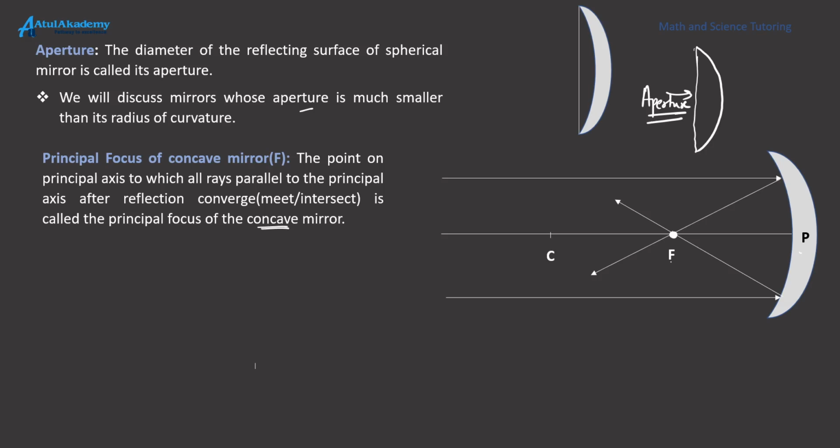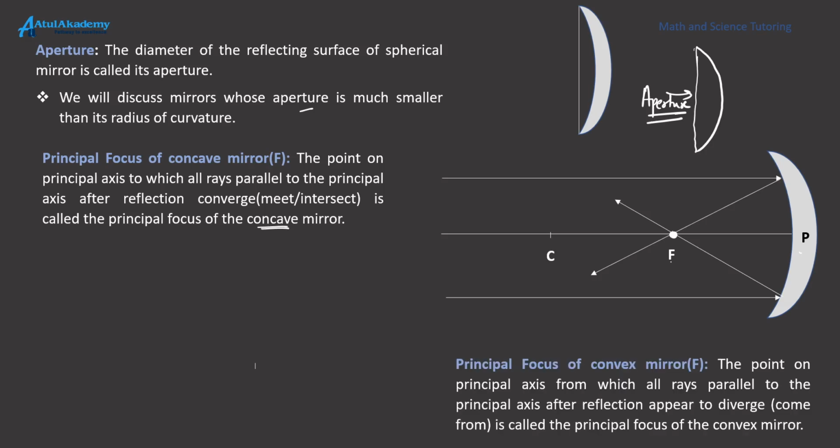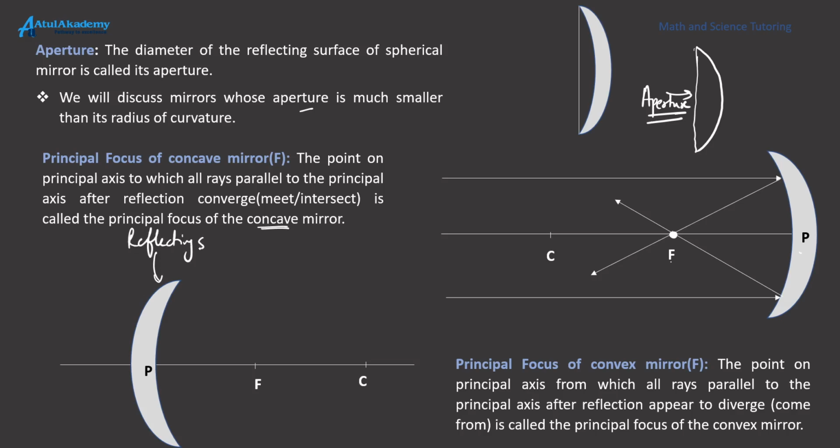Let's talk about the principal focus of the convex mirror. Let's take the mirror also. In case of a convex mirror, this is the reflecting surface. The rays are coming parallel.